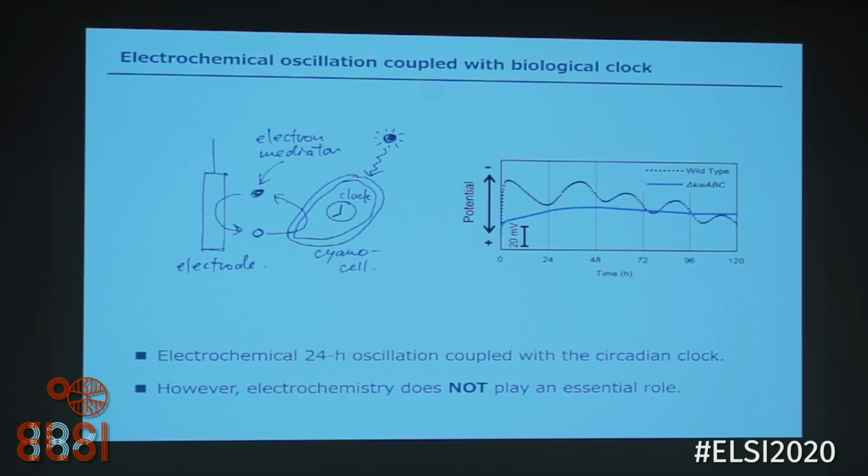There are many reported works on this kind of electrochemical oscillation. However, in this case, electrochemistry just serves as a sensor, right? It did nothing for this oscillation. So this kind of oscillation is not the focus of my talk today.